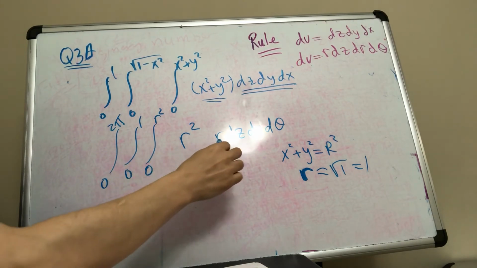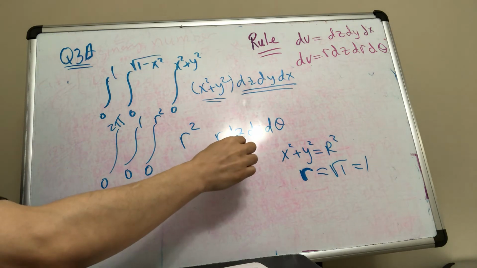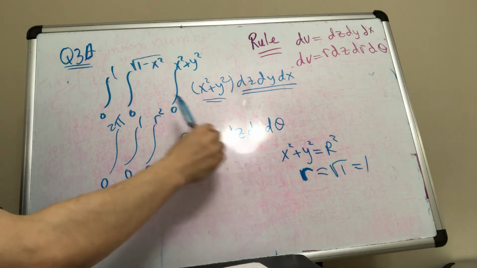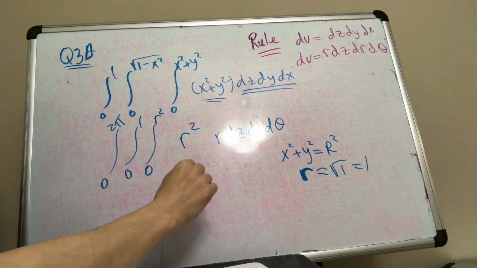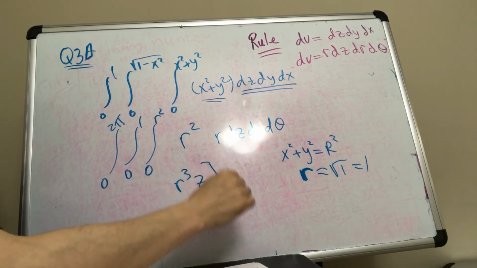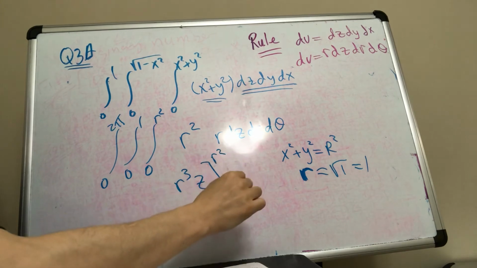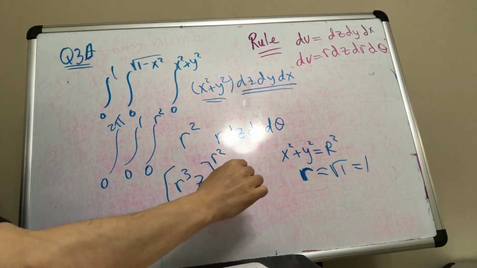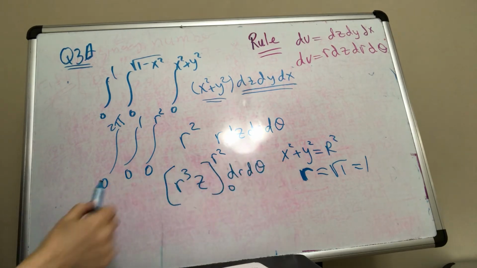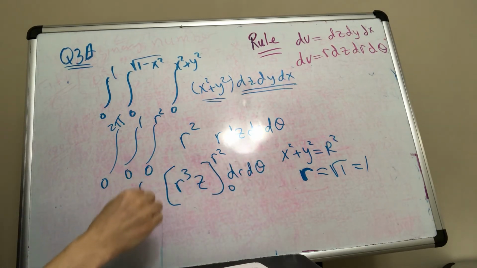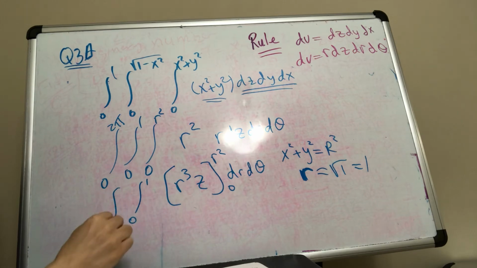Now, if you integrate, it's r cubed. First integrate in terms of z: r cubed in terms of z would be r cubed z. And you plug r squared and 0. And you still have the dr, the d theta, from 0 to 1, 0 to 2 pi.